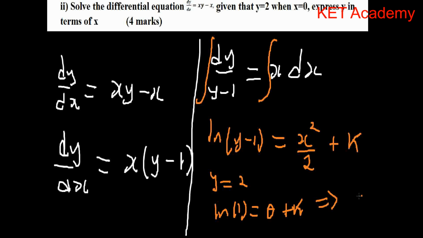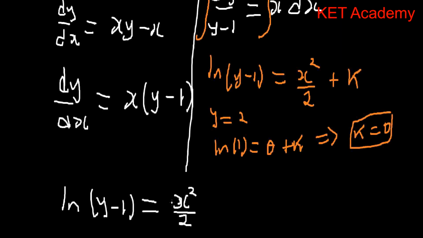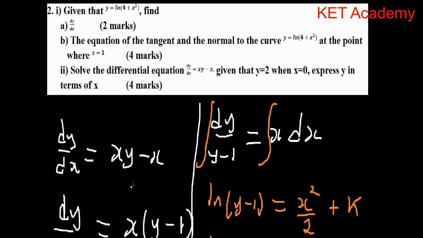Our k will be 0 because ln 1 is 0, so k is 0. So our final equation will be ln of y minus 1 equal to x squared all over 2.